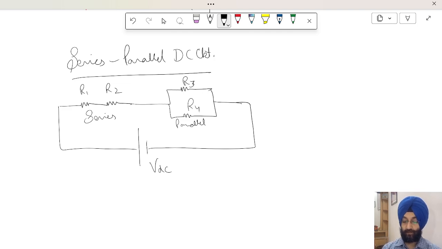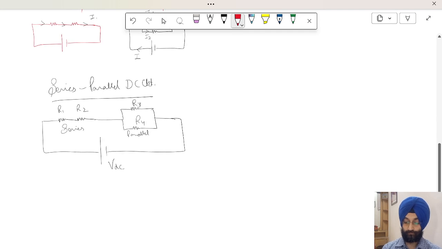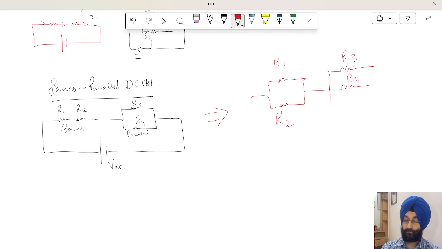It can take other forms too. Let us say there are 5 resistances in total. This is R1, this is R2, and in series with this, there is again a parallel combination of resistances R3, R4, and R5. If these three are connected in parallel, now there are two sets of parallel combinations.